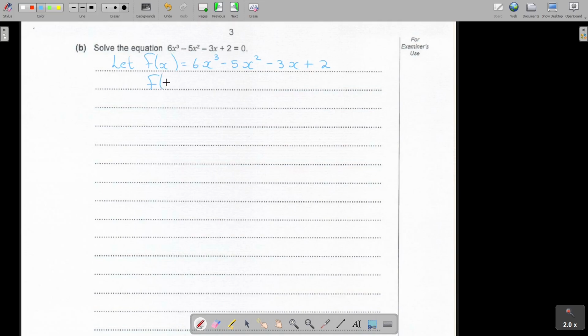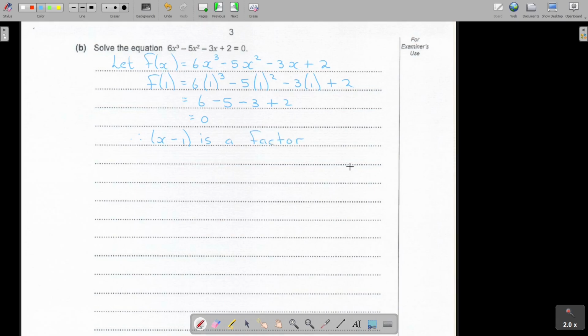So this is actually my test. I say 6 times 1 to the power 3, minus 5 times 1 squared, minus 3 times 1, plus 2. And that will give me 6 minus 5 minus 3 plus 2. And look, that's 8 and 8, and that's 0, and that's excellent. So therefore, I can say x minus 1 is a factor.